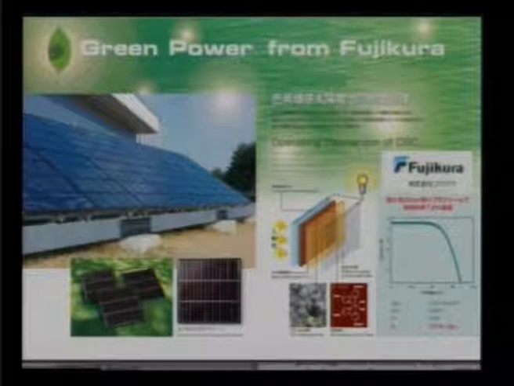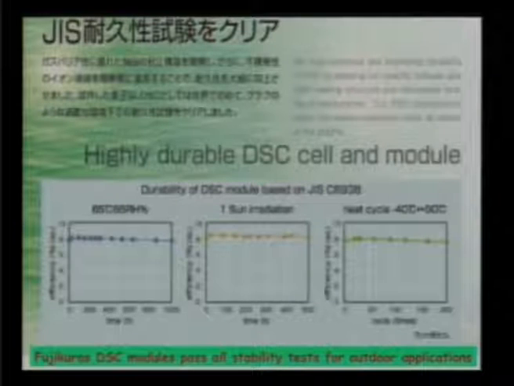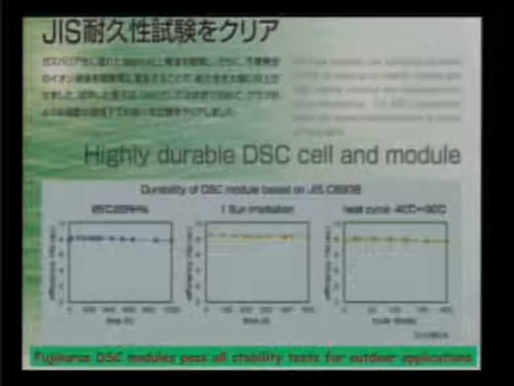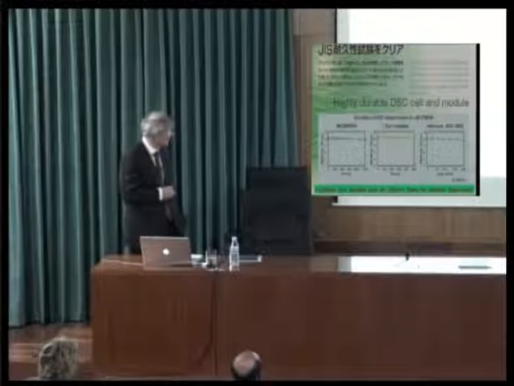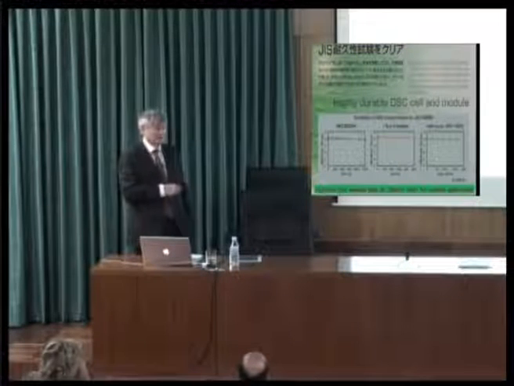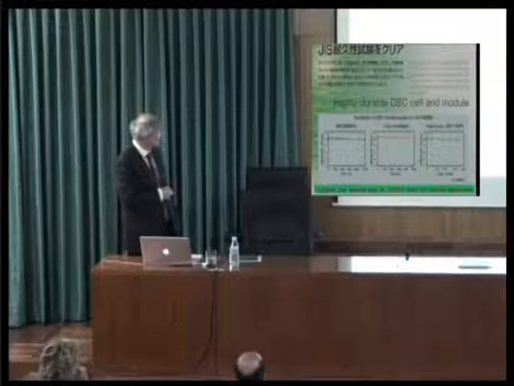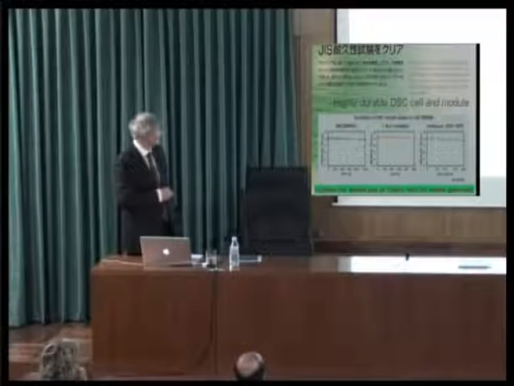Here we see, in Japan again, some larger modules, and see the stability, the 85-85, that means 85 degrees, 85 percent humidity, and that is done exposed for 1,000 hours to this condition. You see, what you have to do with your module is go through those 3 tests.